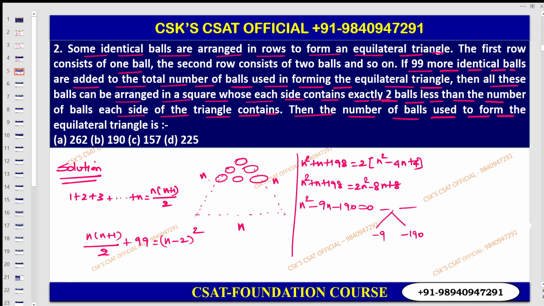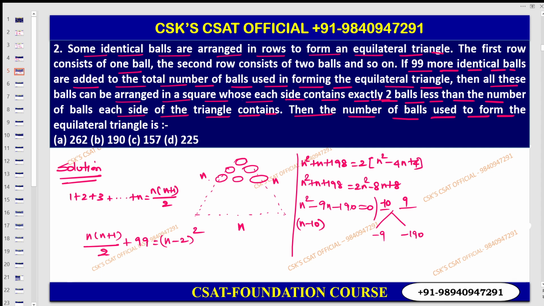So what would be the two numbers? Ten nines are, yes. But when you are adding, you need to get a minus, so you have to place the minus sign on the greater number. So n minus 10 or n plus 10.